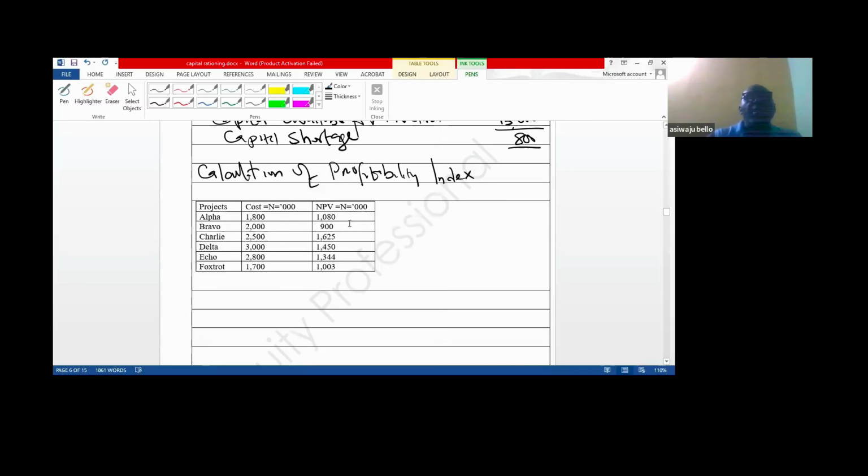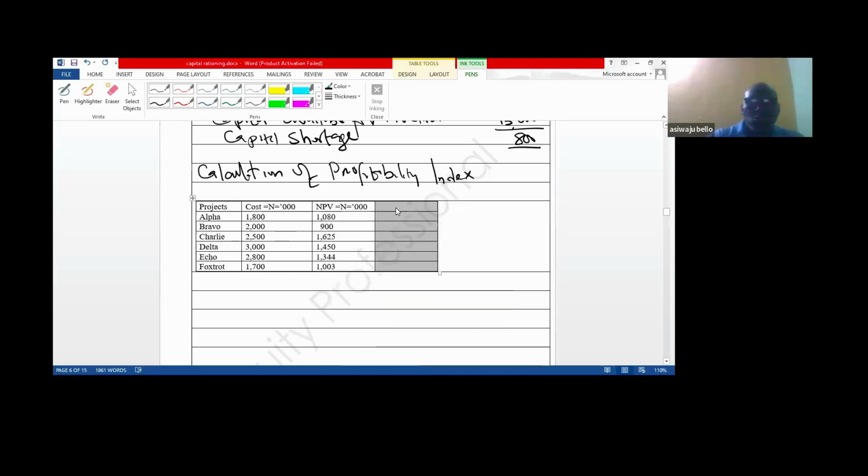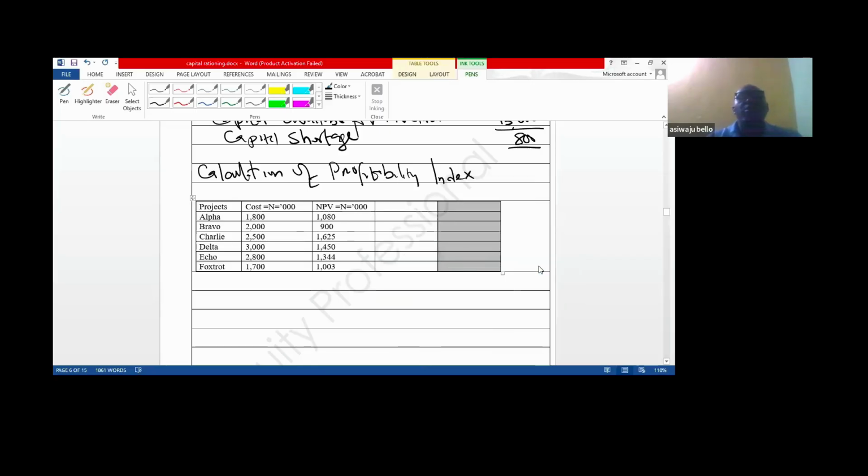Insert to my right. Do one more to my right. I can now move on. I will calculate profitability index and ranking.